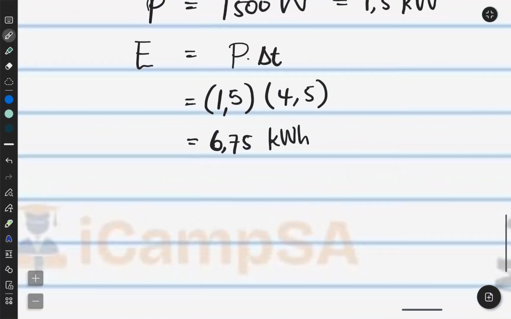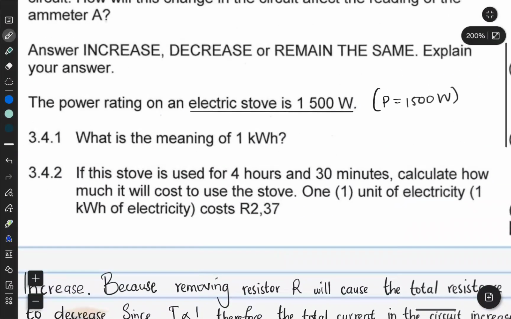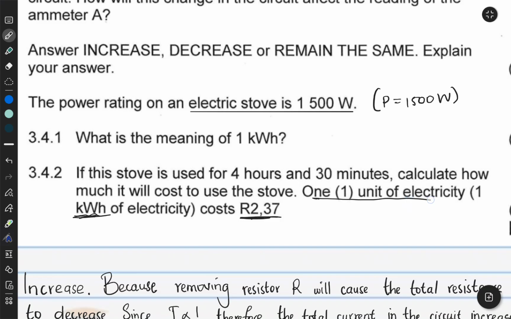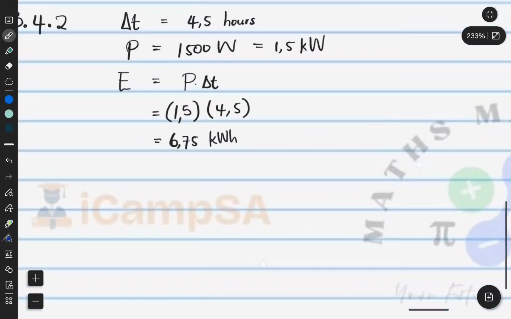How much money do I owe you if you are charging me 2 rands and 37 cents for every bucket of water that I use? We are told that 1 unit of electricity, 1 bucket of water, will cost us about 2 rands and 37 cents. So how much do I owe you as the municipality?